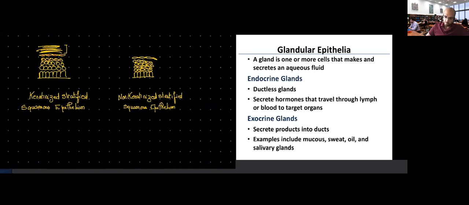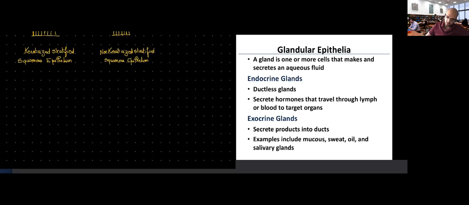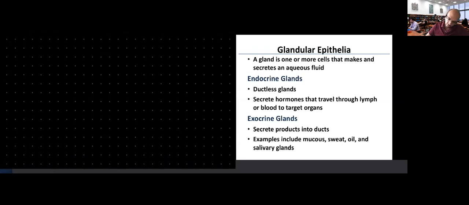The last type of epithelial tissue that we've seen last class was a type of epithelium formed of multiple cell layers. Some of the apical cells were flat and some others were cuboidal.